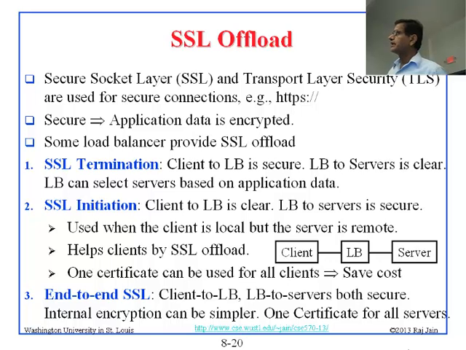In some cases you are running on the cloud, and maybe this part is already coming through IPsec or whatever. So this part needs to be secured, because you don't want other clients on the cloud to see your traffic. So the offloaders could provide both termination and initiation, but in some cases they could provide termination alone or initiation alone.